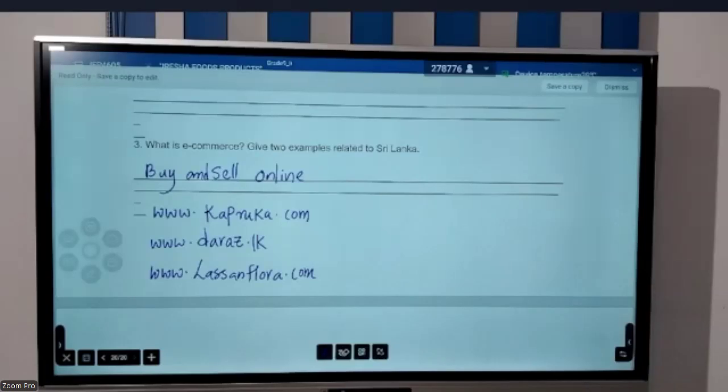So e-commerce means buy and sell online. Simply that.